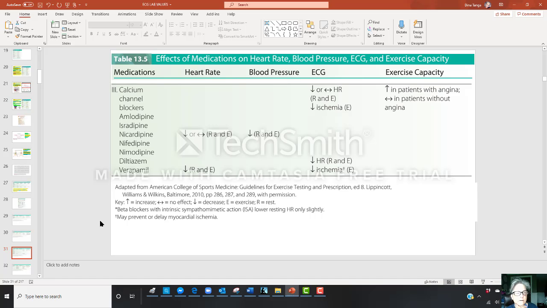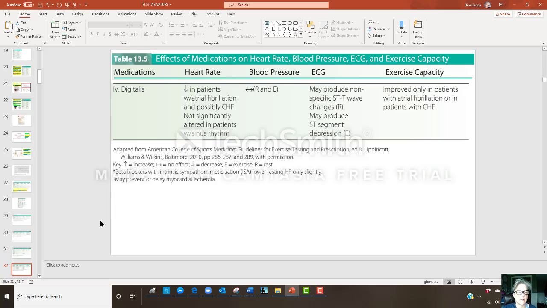Diltiazem. I don't know how to say these stupid medications. Decrease heart rate at rest and with exercise on an ECG. Wow. So calcium channel blockers are going to increase exercise capacity in patients with angina, and it's going to have no effect on patients without angina.